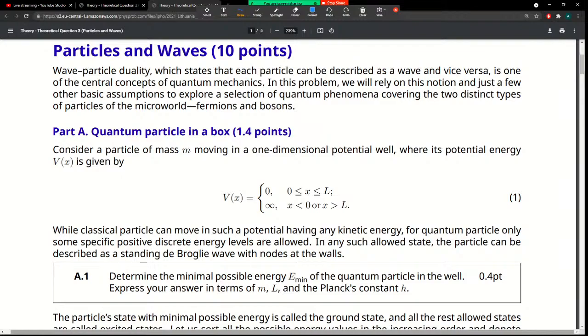In any allowed state, the particle can be described as a standing de Broglie wave with nodes at the walls. Determine the minimum possible energy E minimum of the quantum particle in the well. Describe your answer in terms of m, L, and Planck's constant h.